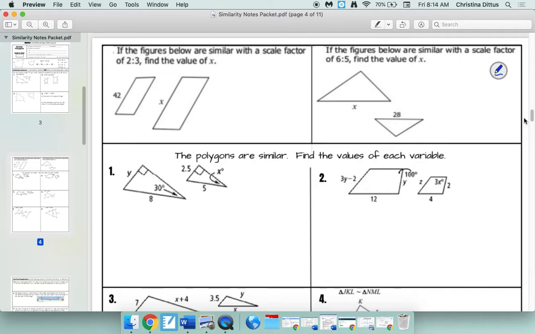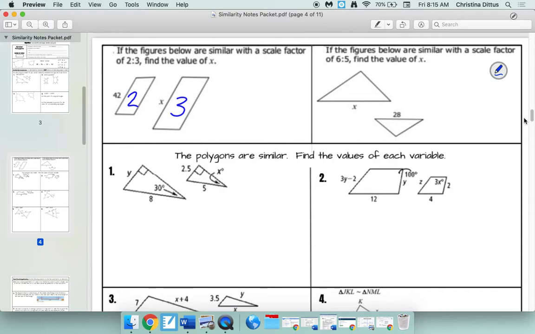Alright. Here's where our proportions and what we did the last 2 days come into play. It says if the figures below are similar with a scale factor of 2 to 3, find the value of x. Okay, anytime it says 2 to 3, we are going to assume this is 2 and this is 3. Why would I assume that this is the smaller number and this is the bigger number? Because this one's bigger. Yeah, the smaller number gets a smaller picture, the bigger picture gets a bigger number.